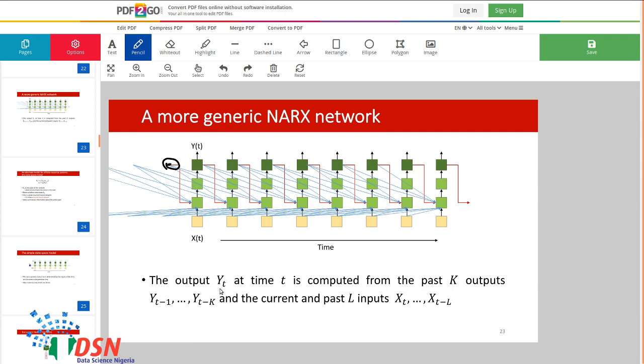In other words, the output y at time t is computed from the past k outputs. So when we want to make the prediction here, we pass these and consider these outputs to make the prediction for this output. And the same thing could happen for x. So this is a more generic form of a NARX network and a more complicated thing.